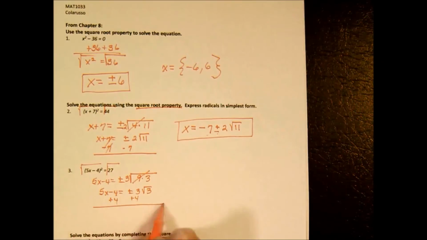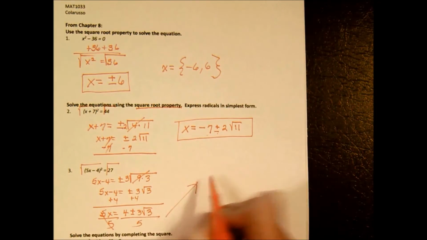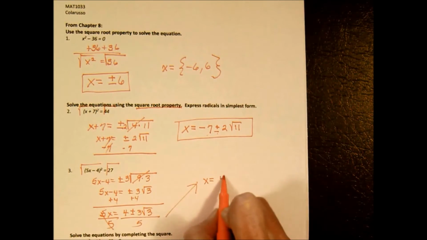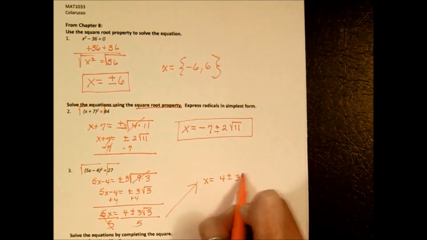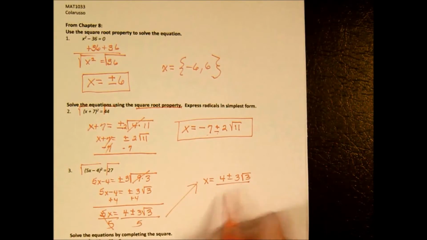So far, it's just like the last one. 4 plus or minus 3 radical 3. But there's one extra step here. I have to divide both sides by 5. And so we get x equals 4 plus or minus 3 radical 3 all over 5. That last step really doesn't make it any harder. It's just a division step.